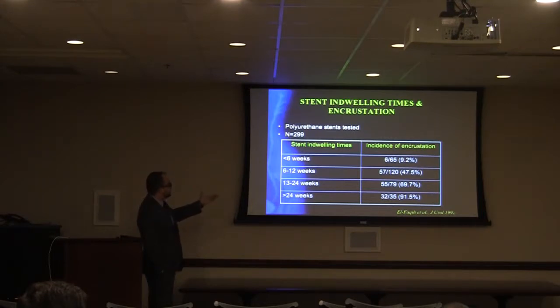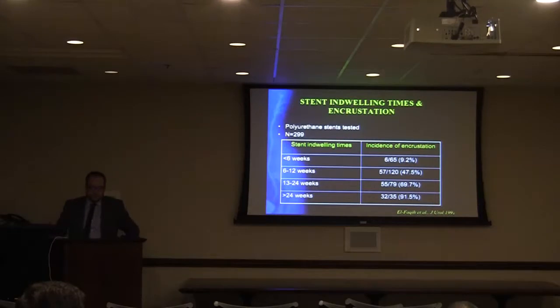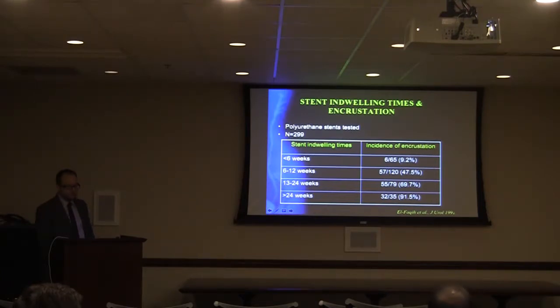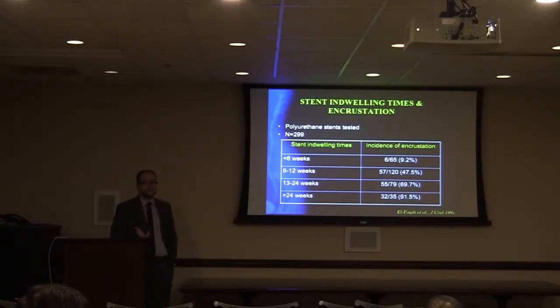It looked at 299 patients and stents removed from these patients. Stents that were indwelling for less than 6 weeks, about 9% of them were encrusted. And that increases as the dwelling time increases. By the time a stent is indwelling for longer than 24 weeks, 90+% of them have encrustation.